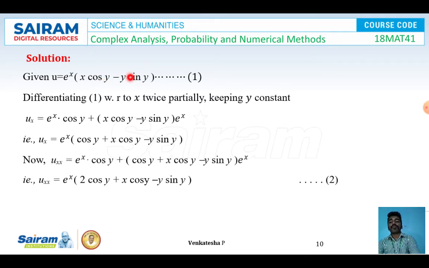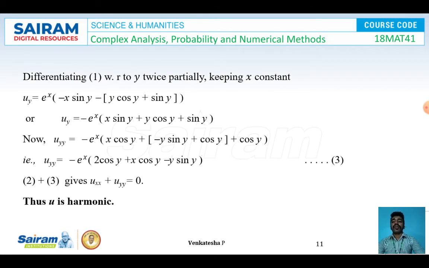And here I'm going to use the product rule. So first I'm keeping y as it is, differentiating sin y, I got cos y. Next, keeping sin y as it is, differentiating y, I got 1. So I got the equation like u_y is equal to, taking e power x common factor, minus e power x [x sin y plus y cos y plus sin y].